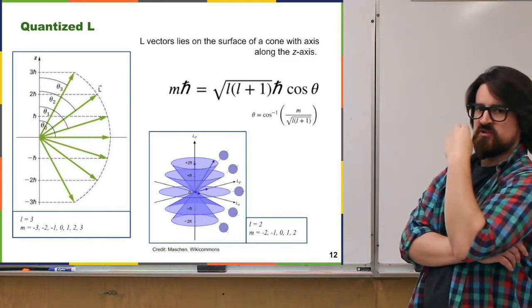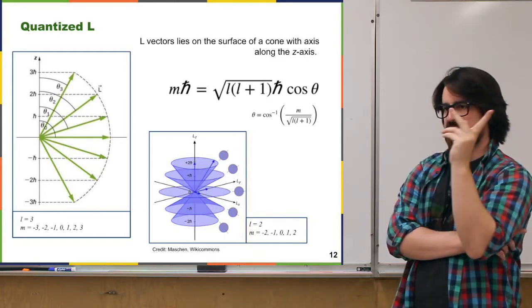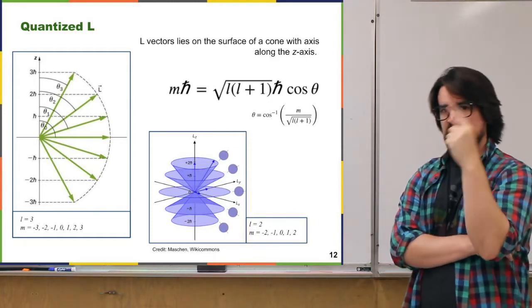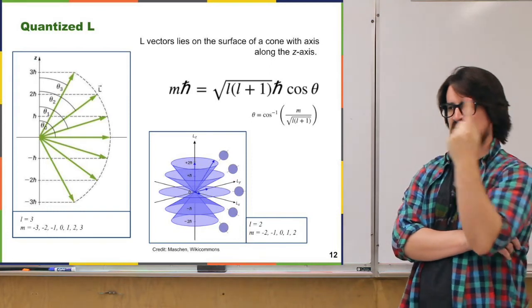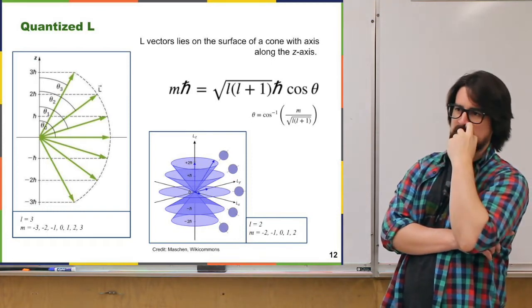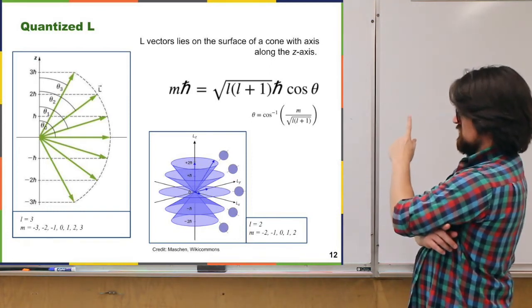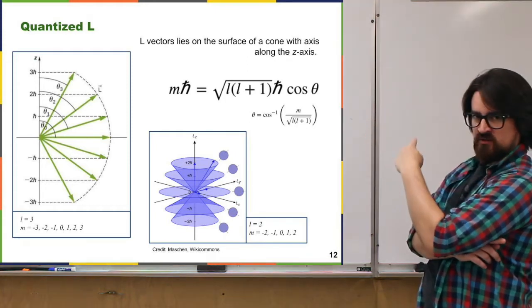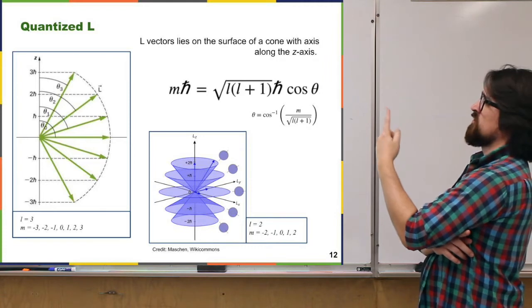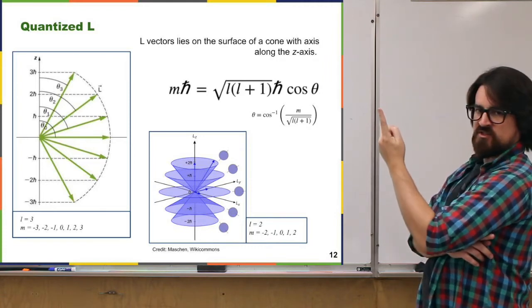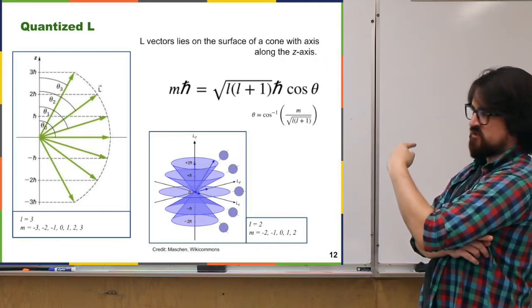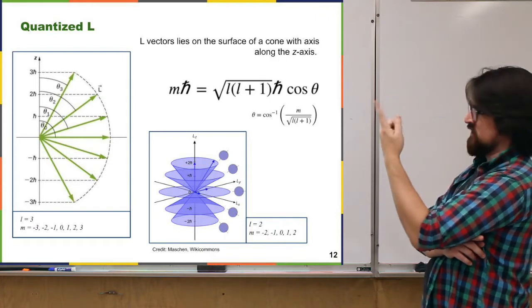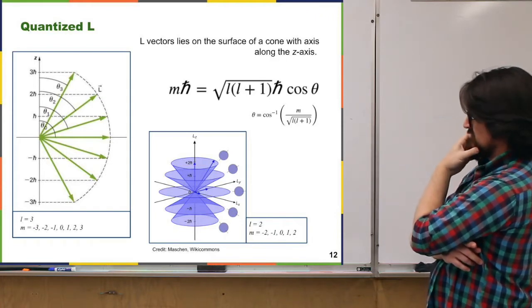If we use that relation for the magnitude of the angular momentum and then its projection along the z direction, there was that cosine of theta that related them. So since L and m are both integers, that ends up meaning that the angle that the electron's angular momentum vector makes from the z direction is also quantized. You can only have certain angles, and that depends on m and L.